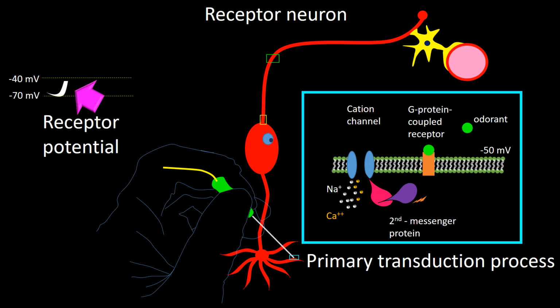This is followed by the closure of the cation channels, the cessation of flow of cations, the activation of channels that expel positive charges, and the action of the sodium-potassium pump. As a result, the membrane will go back to the resting state of minus 70 millivolts, as illustrated here.